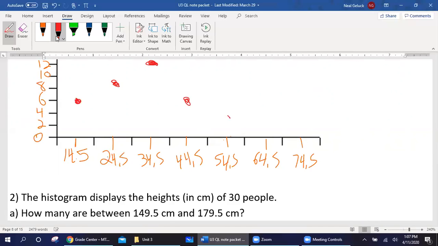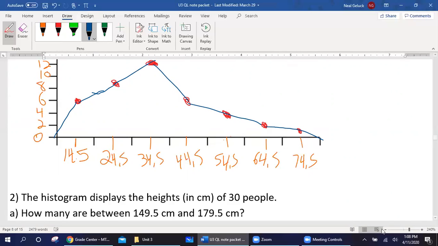And then down to 4. And down to 2. And 1. And to complete this, I connect the dots. And with a frequency polygon, you also shoot it back down to the x-axis.